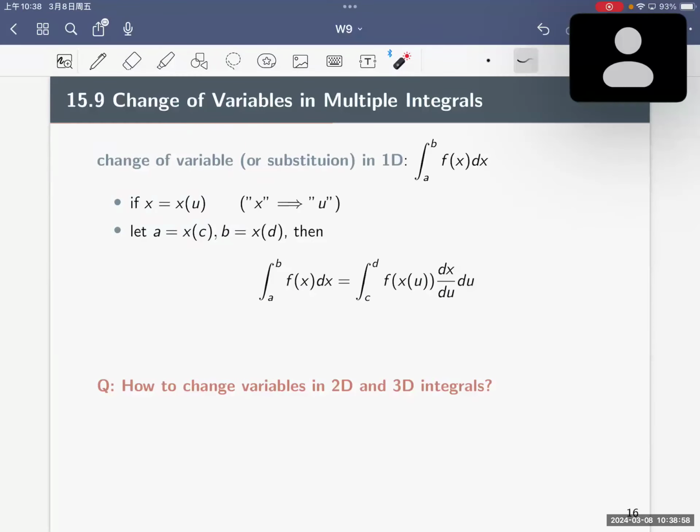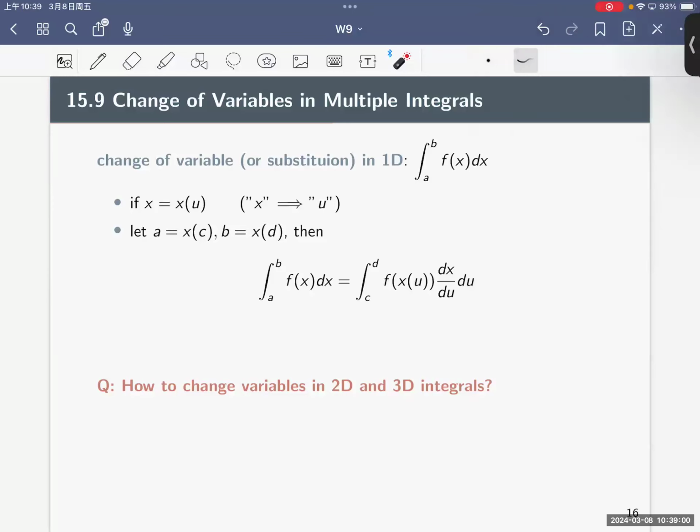So I want to change the integration variable from x to u. So I express x in terms of u: x is equal to a function of u. Then I want to rewrite the integration with respect to x as an integration with respect to the new variable u.